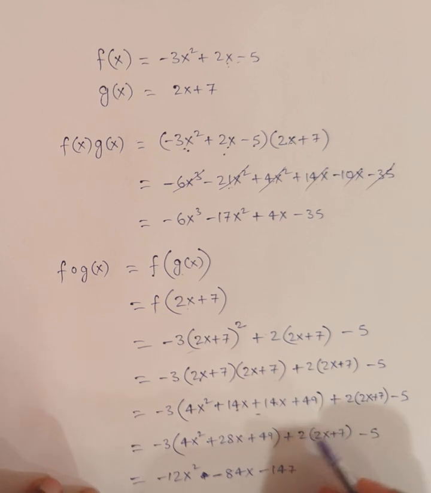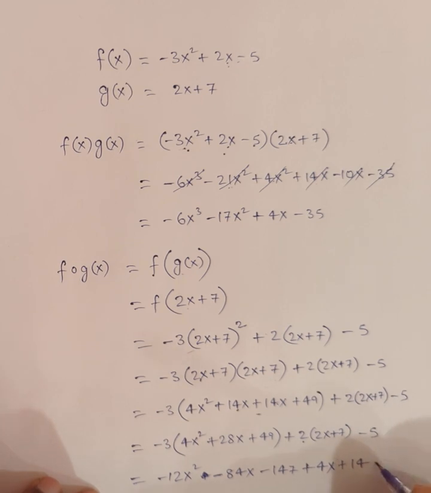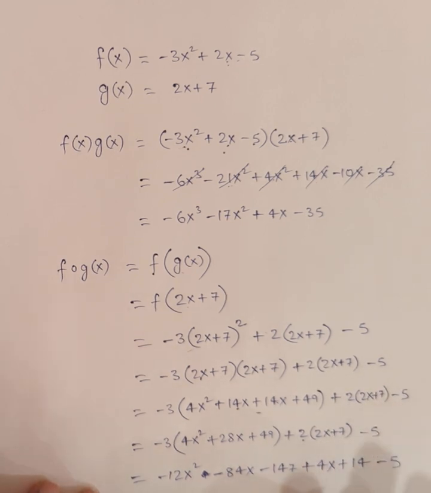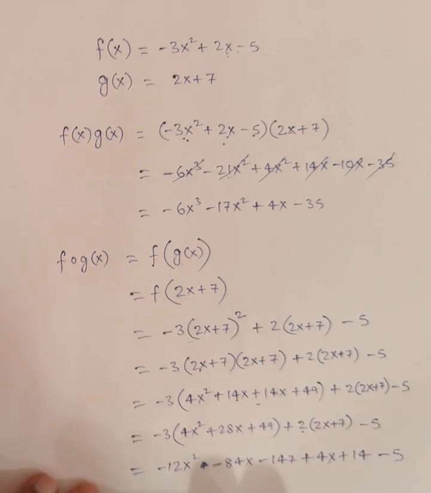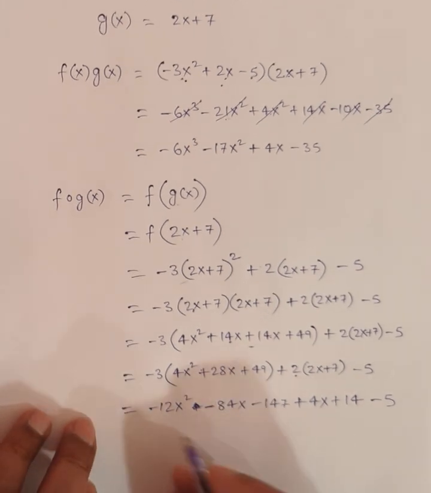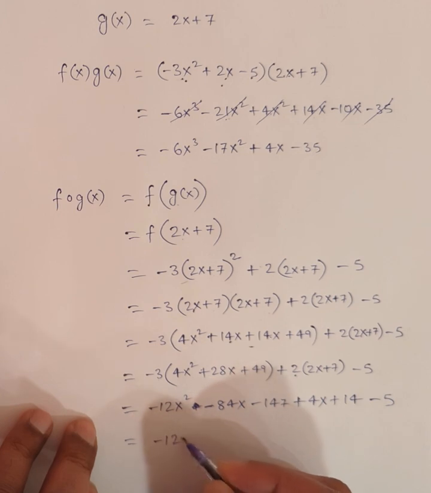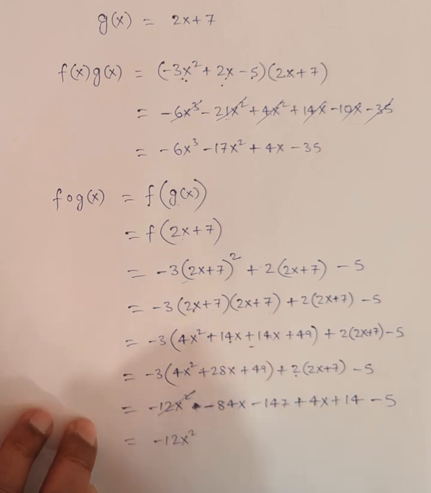Now we'll multiply here. 2 times 2x is 4x. Plus 2 times 7 is 14. Multiplying a monomial with a binomial means you distribute that monomial. Minus 5. So we have broken all the parentheses. Now it's time to combine the like terms. It's negative 12x squared. So that's the only place where we see x squared.